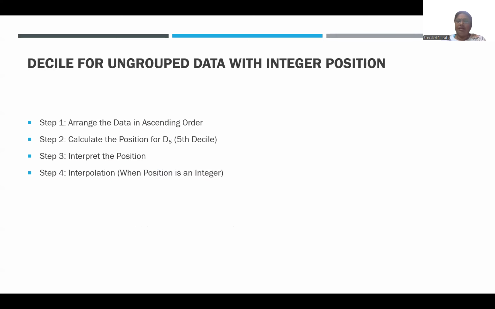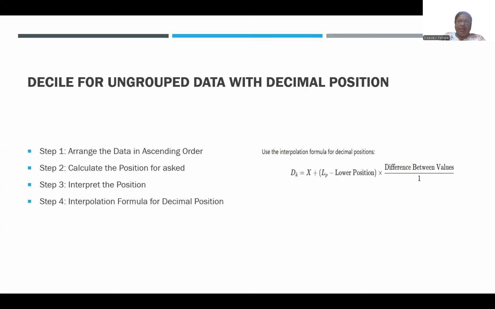This is given in more detail. Same thing, ascending order. For example, the fifth decile is taken. We interpret the position and use interpolation when an integer is given. All these will be covered. Next comes the decimal position.